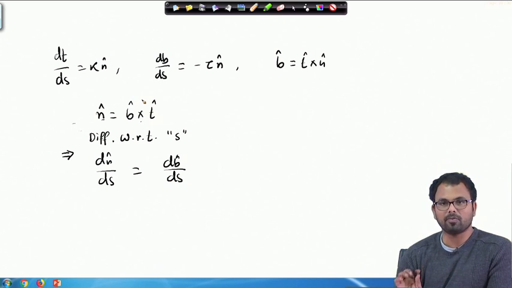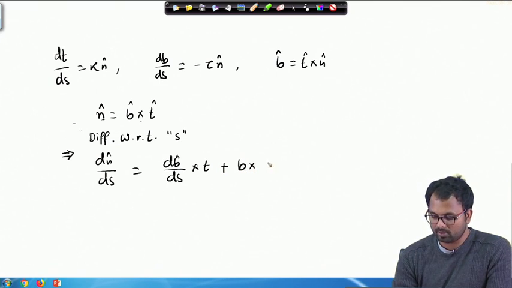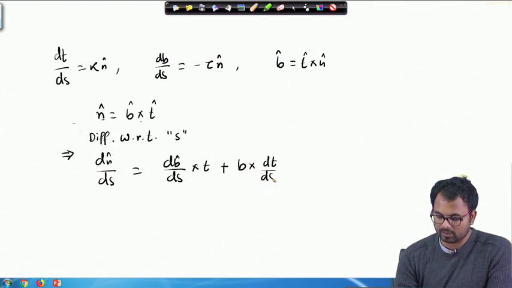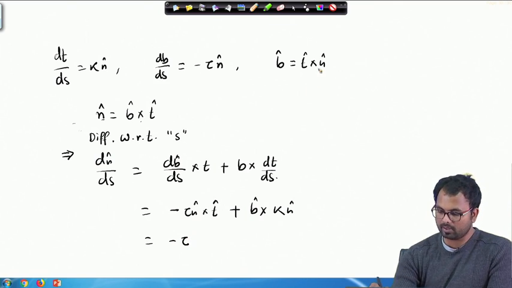I'm not writing the cap for the moment, but it is understood, just to save some time. Now dB/ds is minus tau N, cross product with T, and B cross dT/ds is B cross kappa N. So this is basically minus tau, N cross T, plus kappa, B cross N.